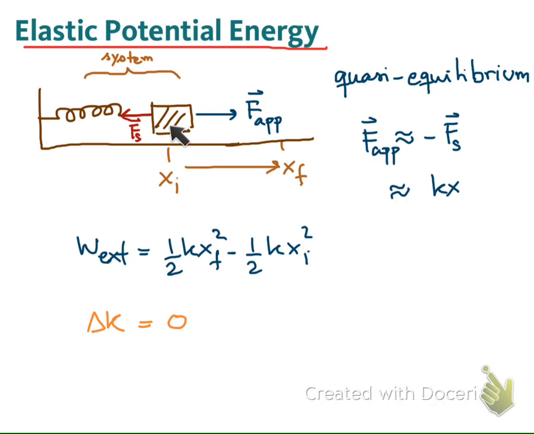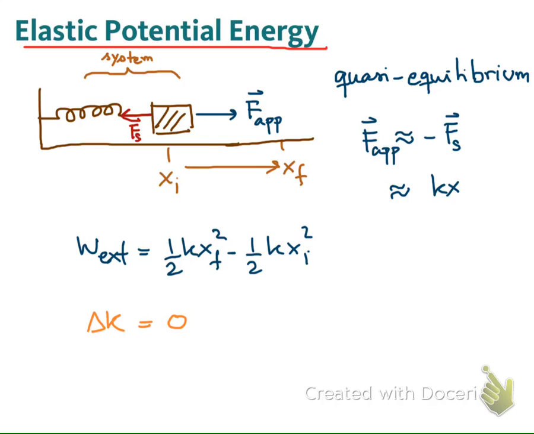However, we know from our experience that once we pull the object to the final position and then release the object, it will move back to the equilibrium point, and we have the kinetic energy.